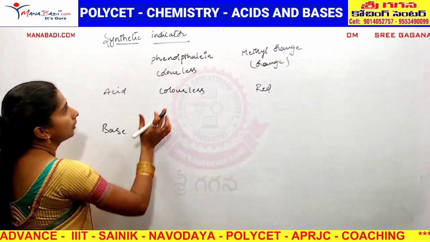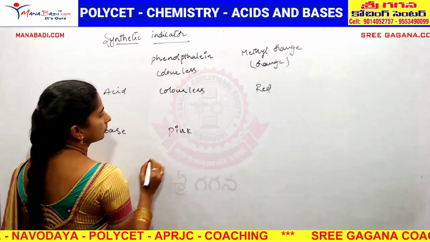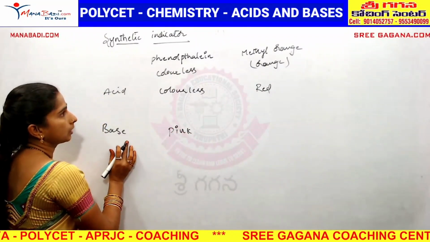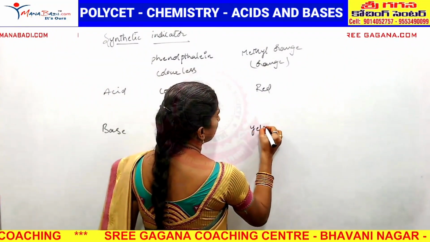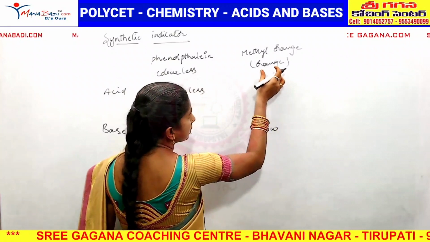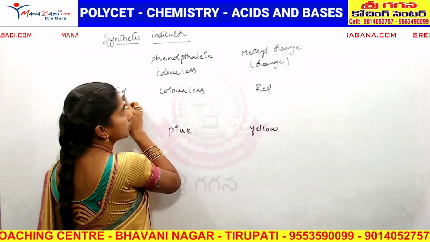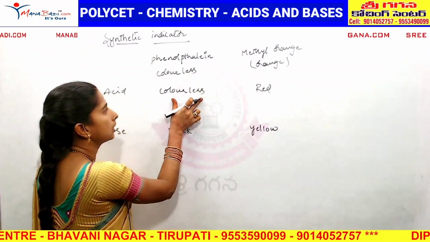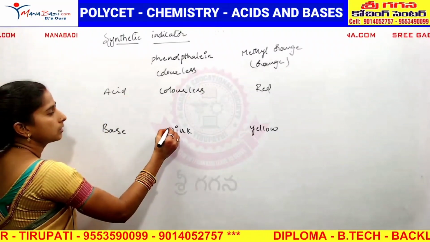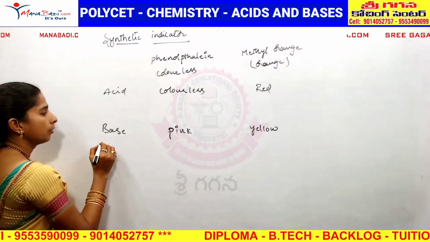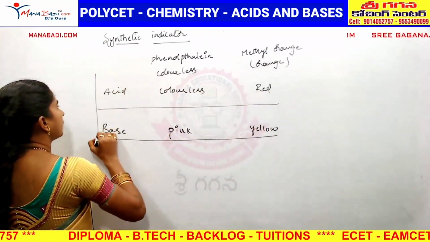With base, phenolphthalein indicator turns to pink color, and methyl orange indicator turns to yellow color, means orange turns to yellow. Orange turns to red in case of acid. Colorless remains colorless in case of acid. If it turns to pink color, that is base. These we generally use in our laboratory.